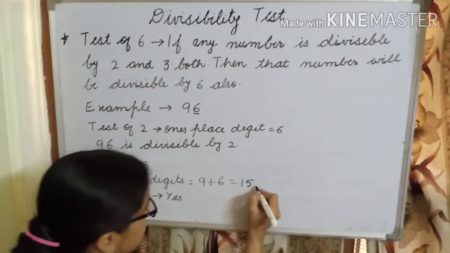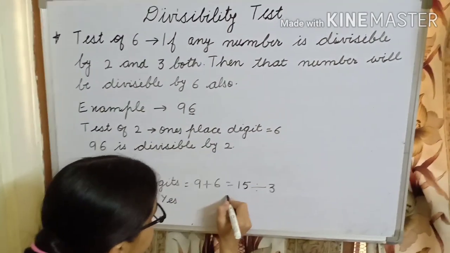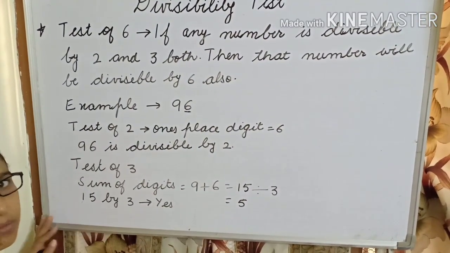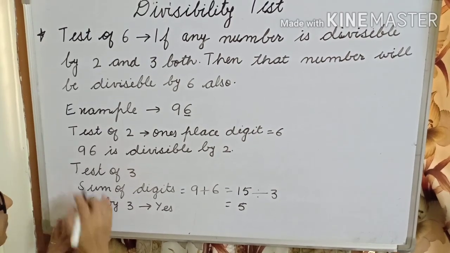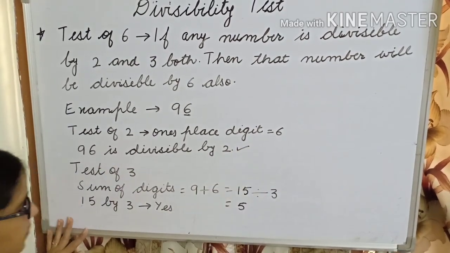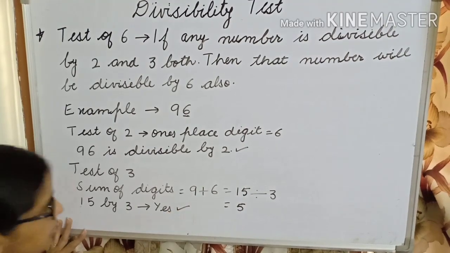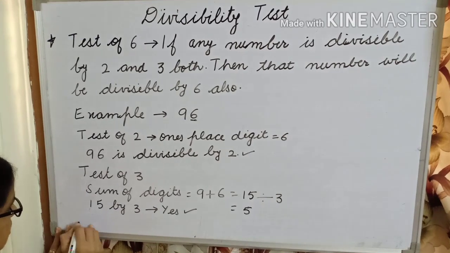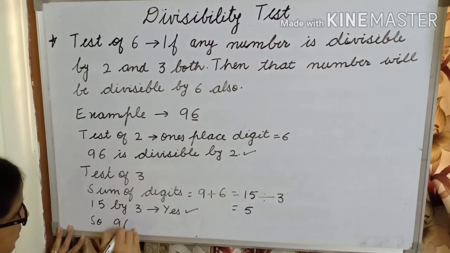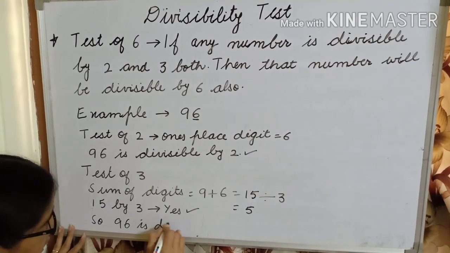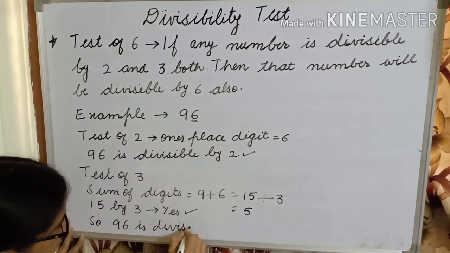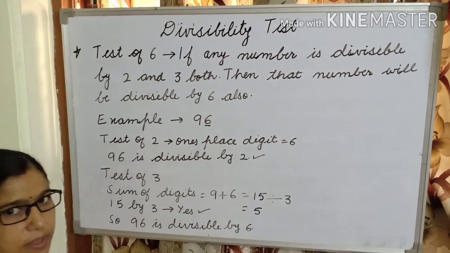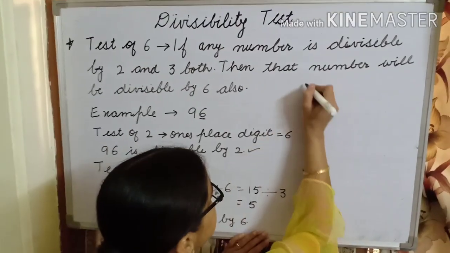And we know that this is coming in 3 table. 3 5s are 15. Then this is divisible by 3 also. Then what you can see? It is divisible by 2 and it is divisible by 3. Then it is divisible by both 2 and 3. So 96 is divisible by 6.